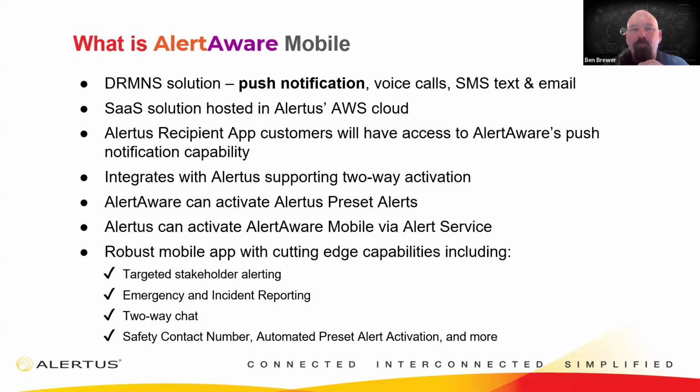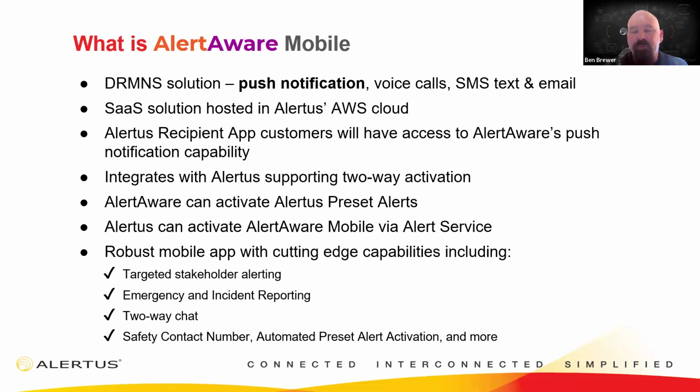So what is AlertAware Mobile? We've kind of touched on it a little bit, and it obviously is the push notification aspect of that personal notification solution. It is hosted up in AWS East, as I mentioned, and it has a lot more capability than the Recipient app.